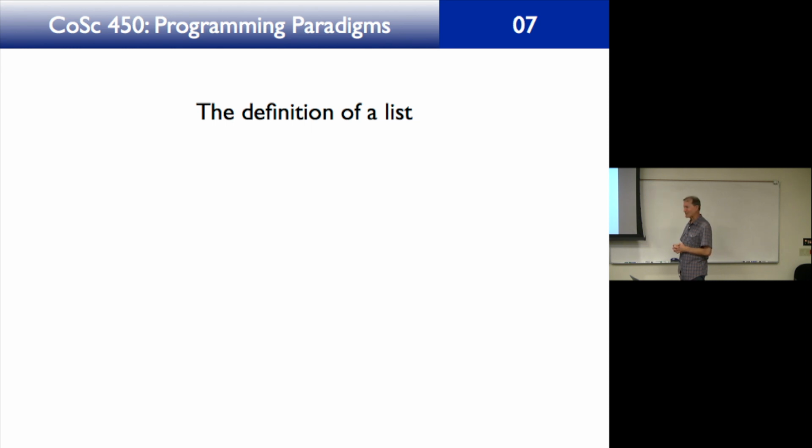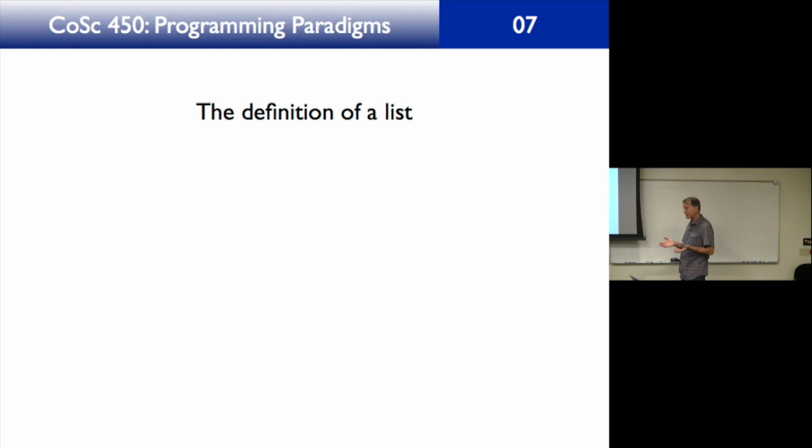Recursive. Absolutely, it's a recursive definition. So what is the base case? What's the smallest list you can have? Empty. The empty list is a list. That's the base case. And what's the inductive case?